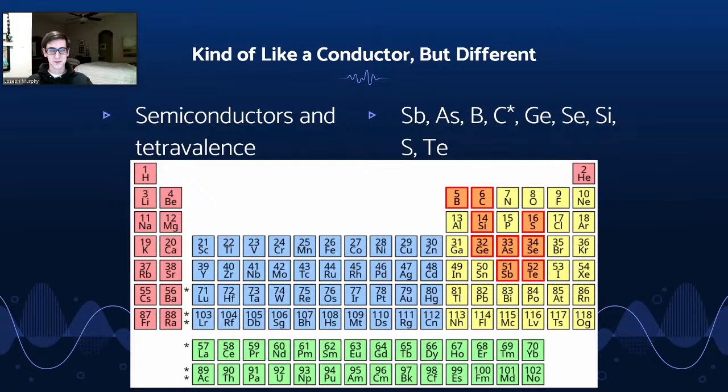But not all semiconductors, like the ones listed here even, are tetravalent. Before I move on, carbon. We know carbon forms several different allotropes, some of which are semiconductors, some of which are not. I won't go into that, but it is considered a semiconductor by some, at least in some forms.